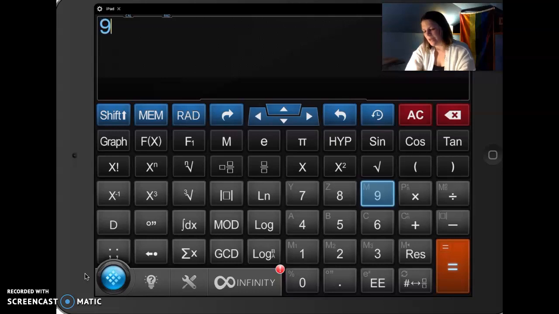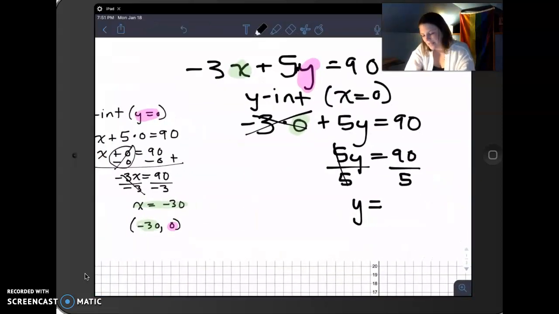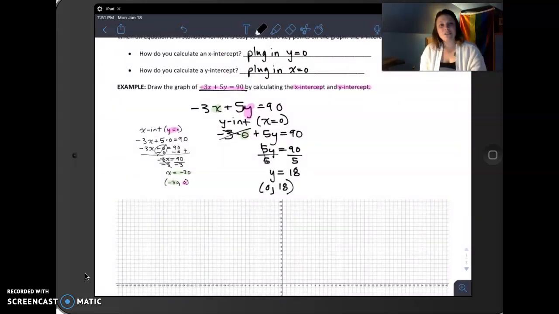So 90 divided by 5 is equal to 18. Oh, I'm glad I checked. Mental math is not my thing. So y equals 18, and so since x is 0 and y is 18, we would write it like 0, 18. Okay, so now we put these points onto the graph.